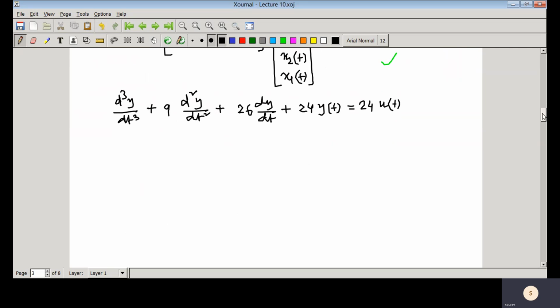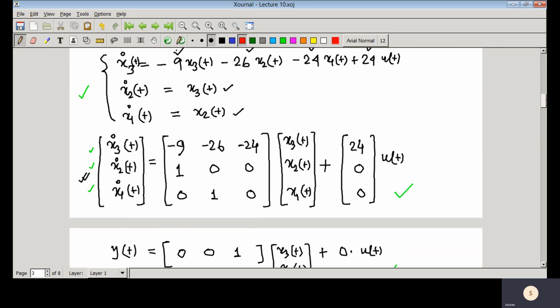So here we are interested in what is the transfer function of the system.